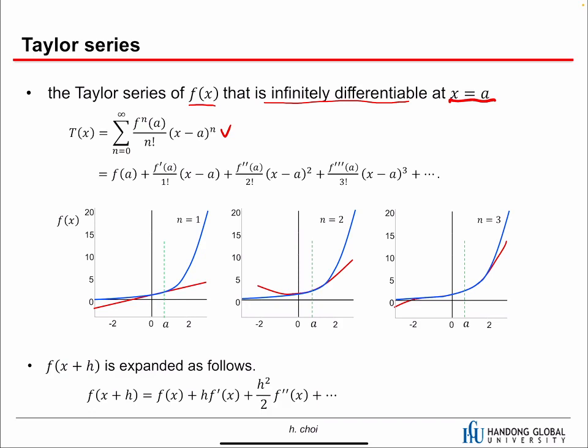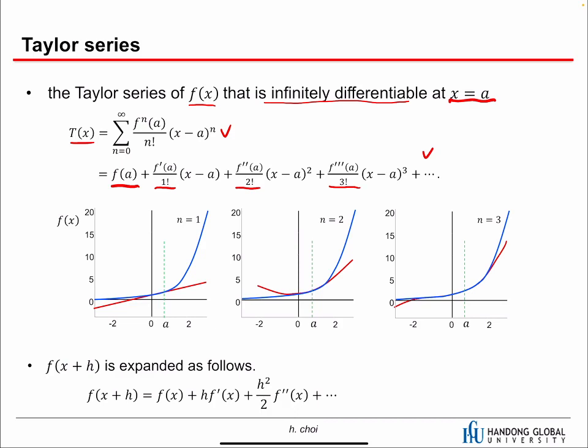If we unfold this summation, we have f of x and the first derivative, second derivative, and third derivative. But the important thing is that this Taylor series of the function is a polynomial equation. That is quite important because no matter how complicated the function f is, if we take a Taylor series, we can approximate the function with polynomial equations at a specific location.